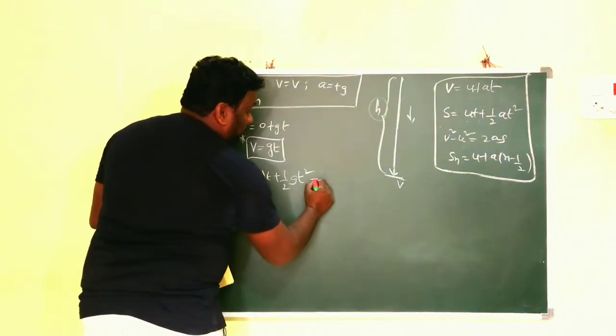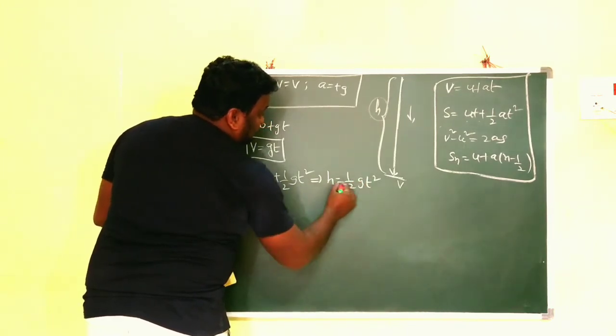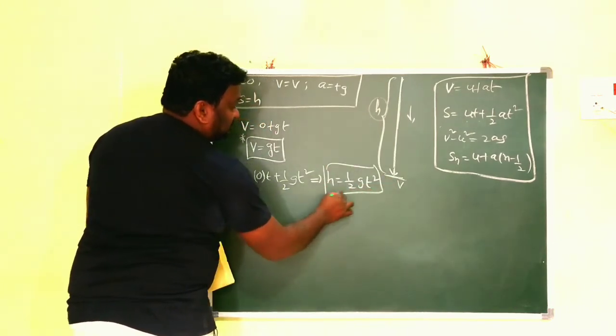That means h is equal to half gt square. This is the second equation.